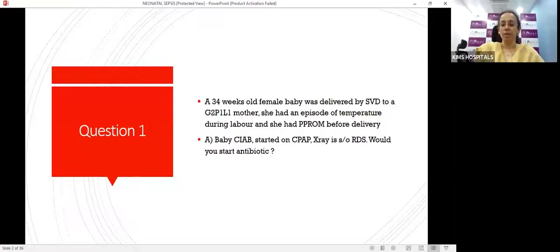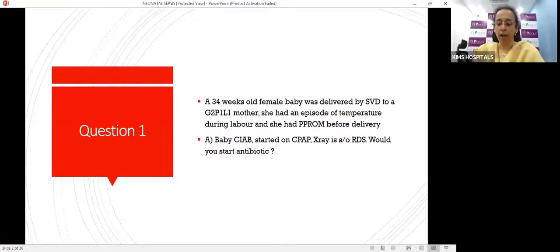Suppose a baby is born at 34 weeks of gestation to a G2P1L1 mother by spontaneous vaginal delivery, where the mother had an episode of temperature just before the delivery during labor, and she also had premature rupture of membranes. This baby cried immediately after birth, subsequently was started on continuous positive airway pressure. X-ray chest was suggestive of respiratory distress syndrome. So would you start antibiotic in this baby?